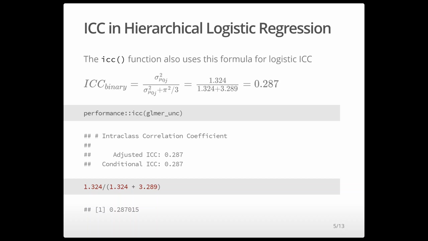It's about 3.289, and we get 0.287 for our ICC. And note that in the performance package, the ICC that you get is also following this formulation for a logistic model. So here the intraclass correlation is the same if you call the performance ICC function.